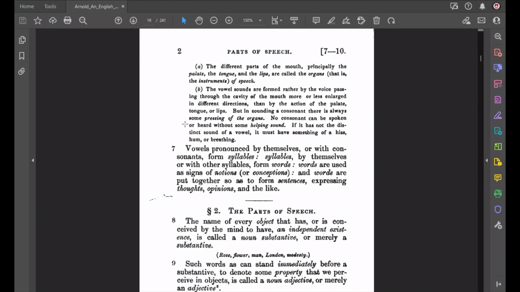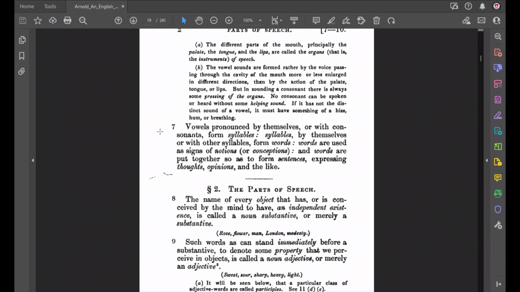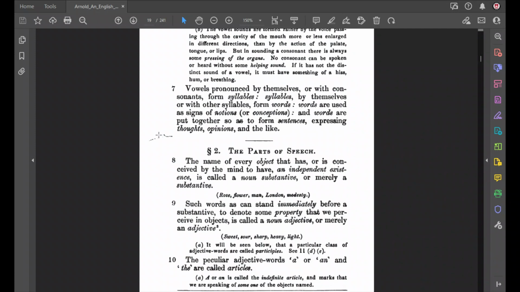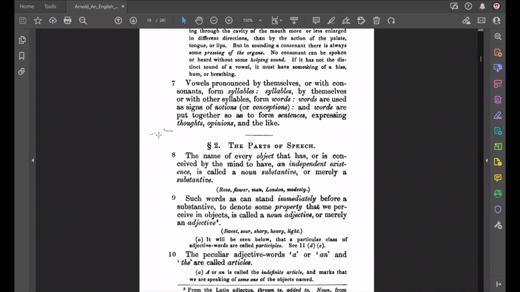And so speech is made up of words. And then in our second lesson, since speech is made up of words, we have to ask the question, how can we study words? How are we going to learn about words? And we're not going to learn about words by studying all of the individual words, because that would be impossible.